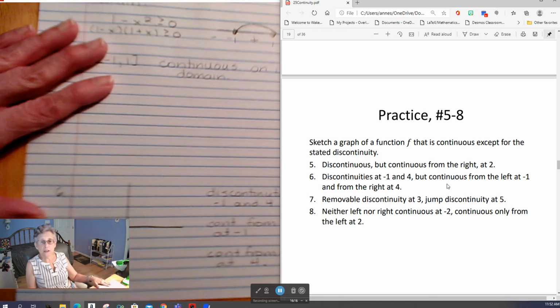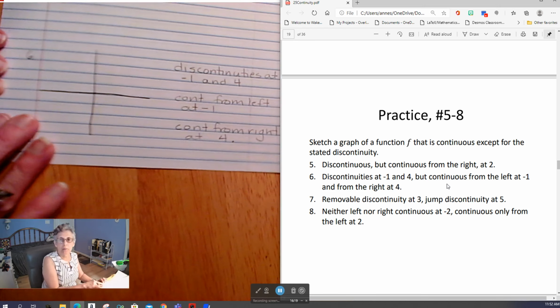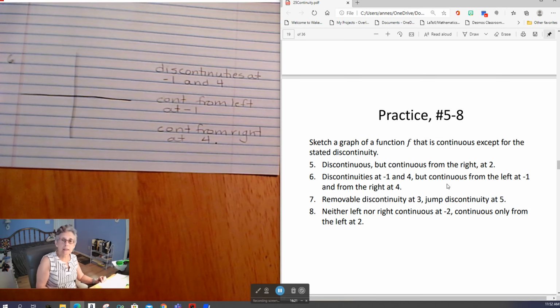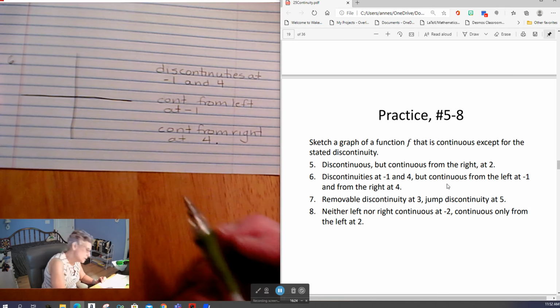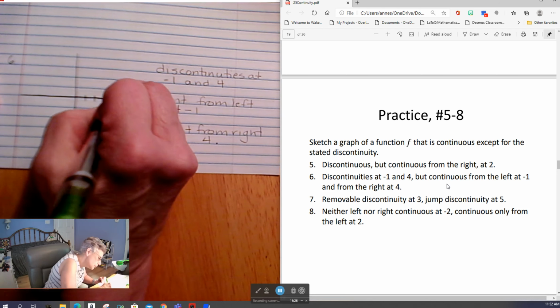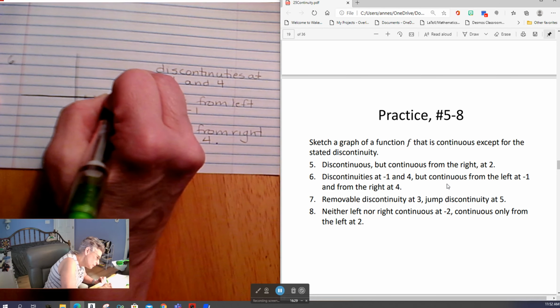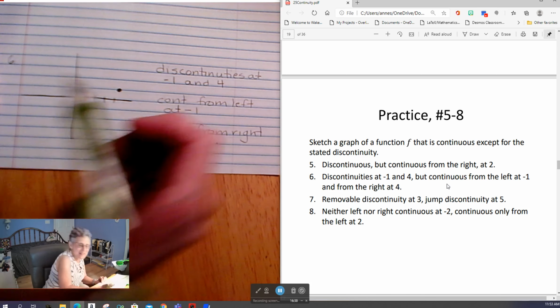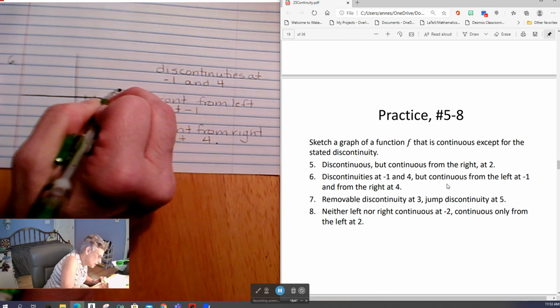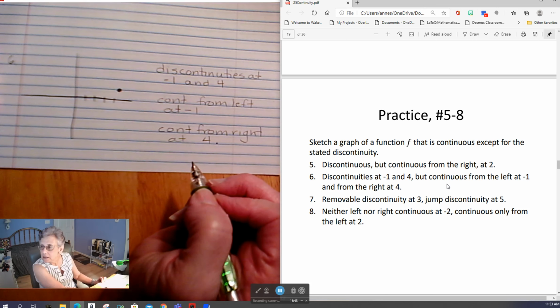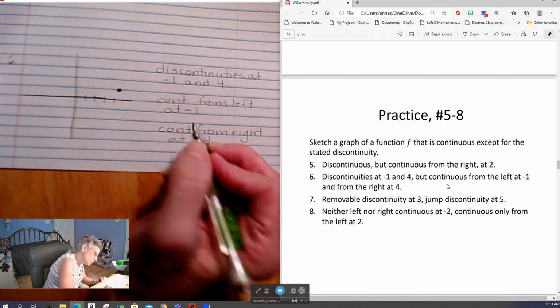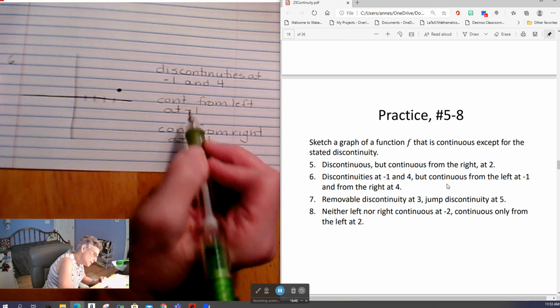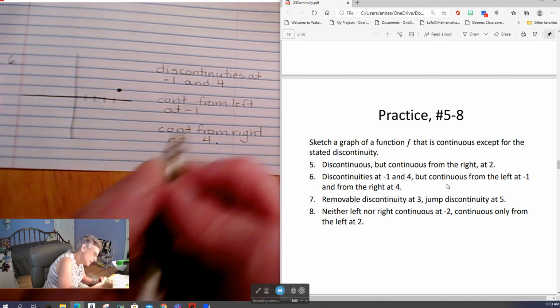So that means the function has to exist at 4. 1, 2, 3, 4. And the limit from the right has to exist and be equal to the function value. It is discontinuous at -1 and continuous from the left at -1.